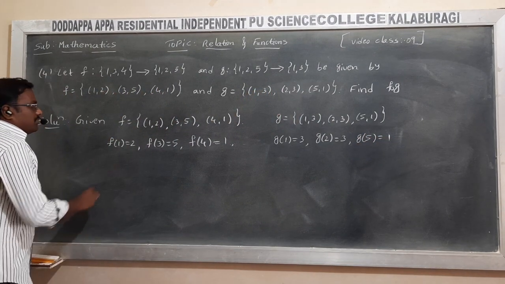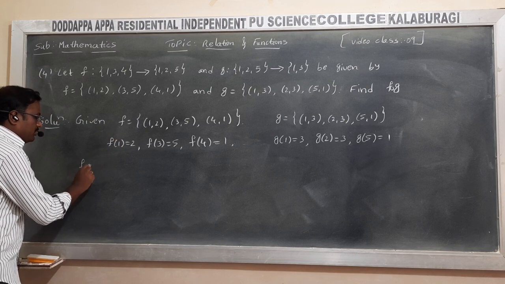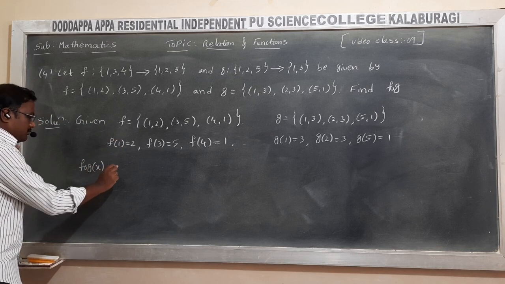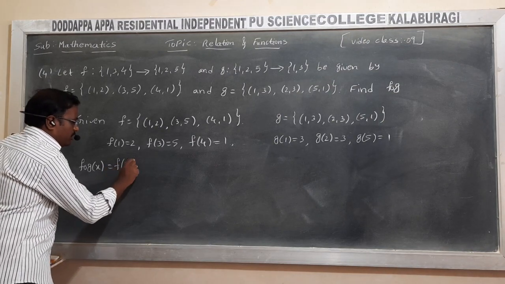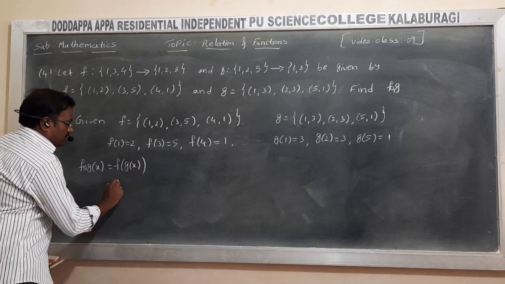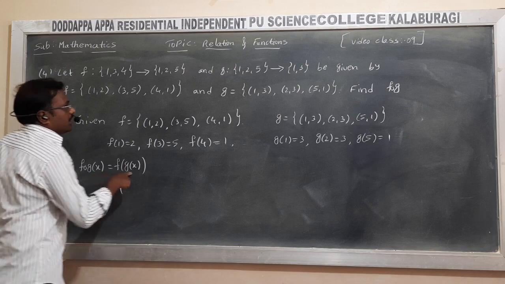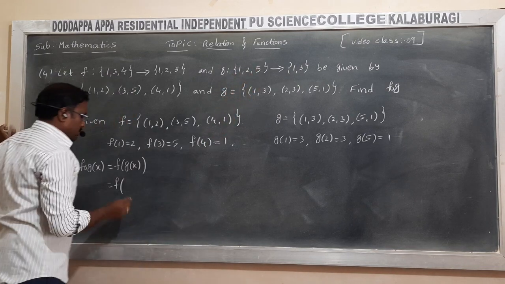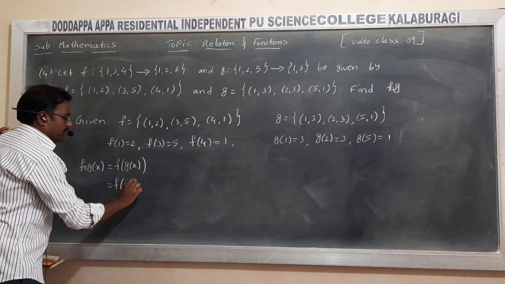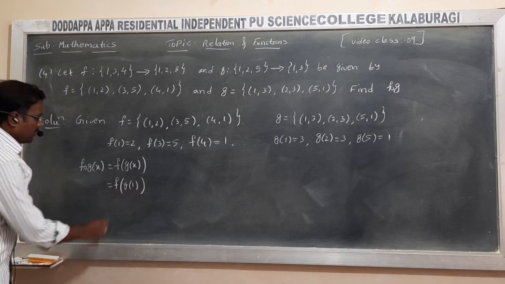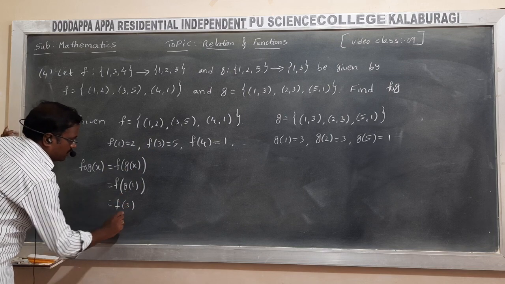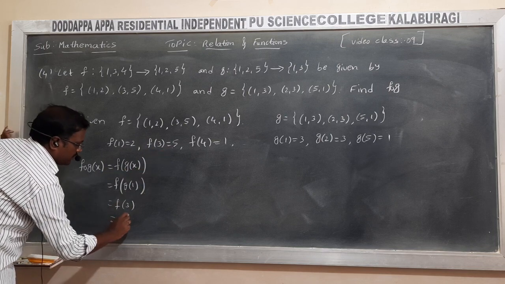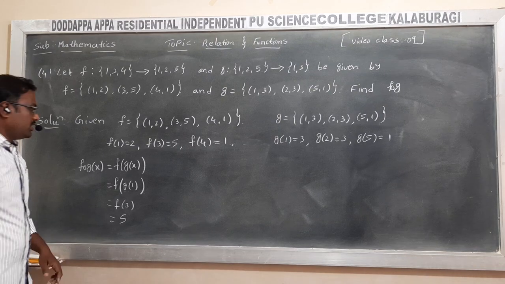Okay. So next you can find f naught of g of x. So this can be written f of g of x. Now here the g function is there. You can take g values 1, 2, 5. First you can take 1. So f of g of 1: g of 1 is 3. F of 3 value is 5. Okay.